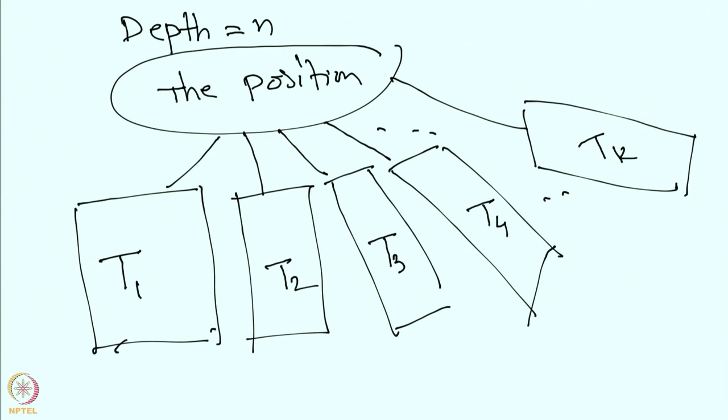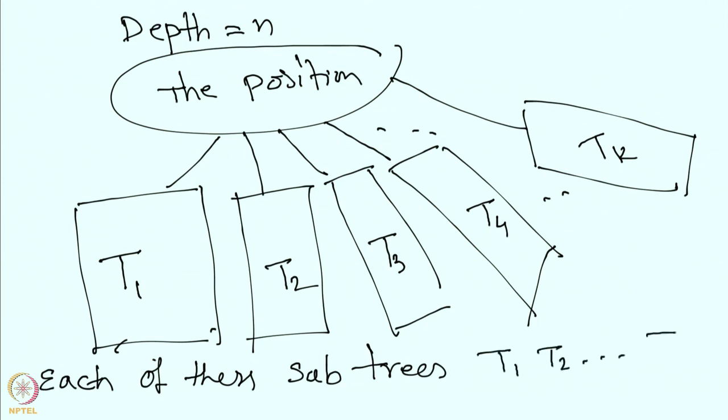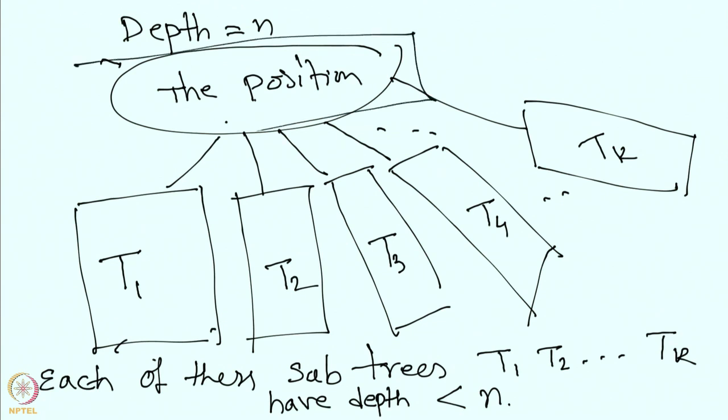Now look at this. Each of these subtrees T1, T2, up to Tk have depth less than n. That is the interesting part. Because from this position the depth is n, but already we made a move, therefore the depth has to be less than n.